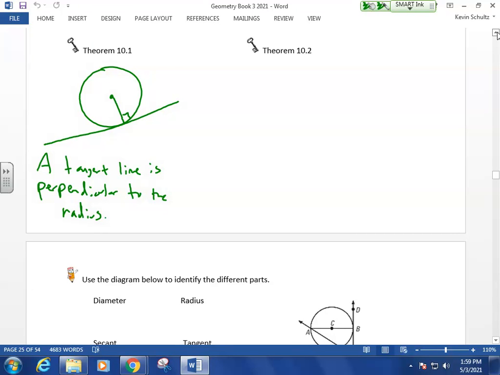Theorem 10.2 says that if you've got two tangents that intersect at the same point, those tangent lines or tangent segments from here to here and here to here are congruent. So tangents that intersect at the same point are congruent.